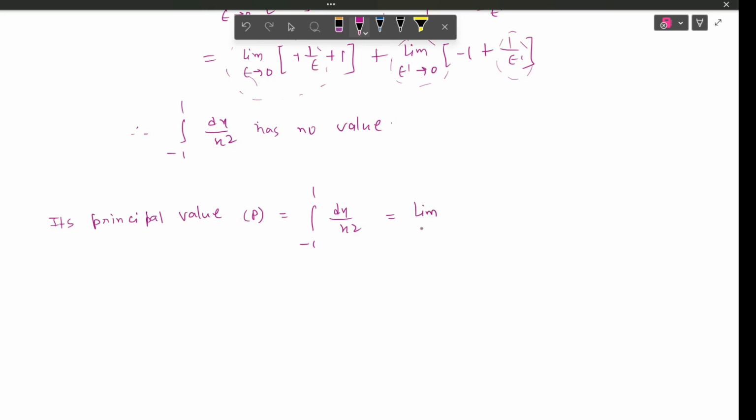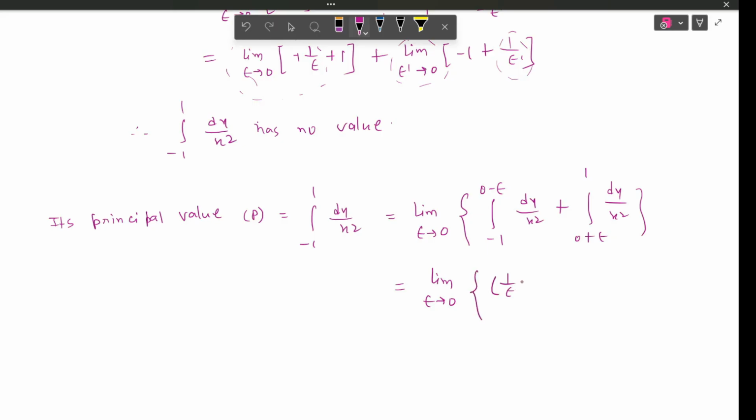So this would be limit epsilon tends to 0. What do you have to do? We have to take epsilon 1 equals epsilon 2, right? Cauchy formula. So integration minus 1 to 0 minus epsilon dx by x square plus integration 0 plus epsilon to 1 dx by x square. Okay, so this would be limit epsilon tends to 0, 1 by epsilon minus 1 minus 1 minus 1 by epsilon.